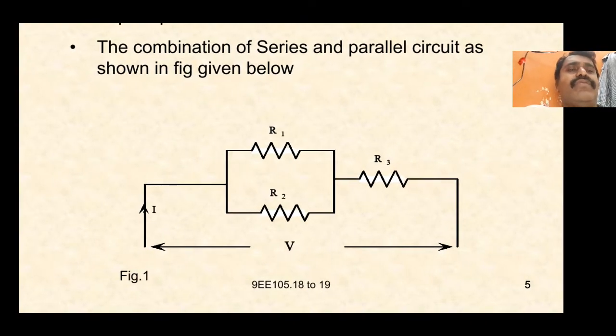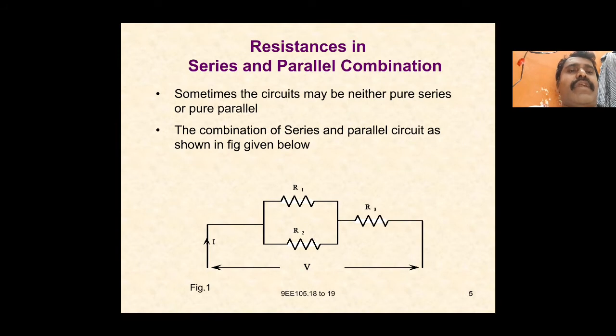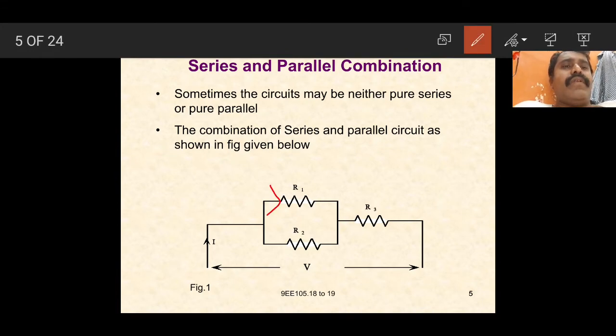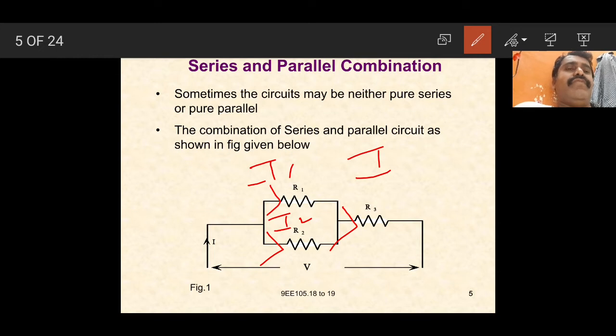Since R1 and R2 are in parallel, the current is divided into I1 and I2. Whatever current flows across R3 is I. So I1 is equal to V1 by R1, I2 is equal to V2 by R2, and the current I is equal to V by R3.